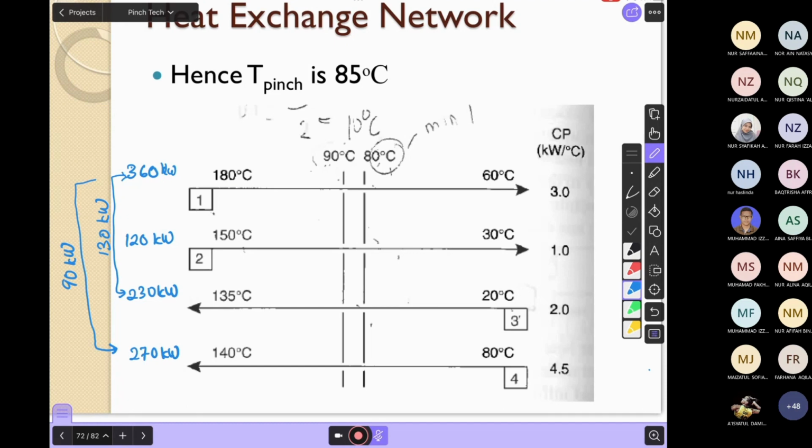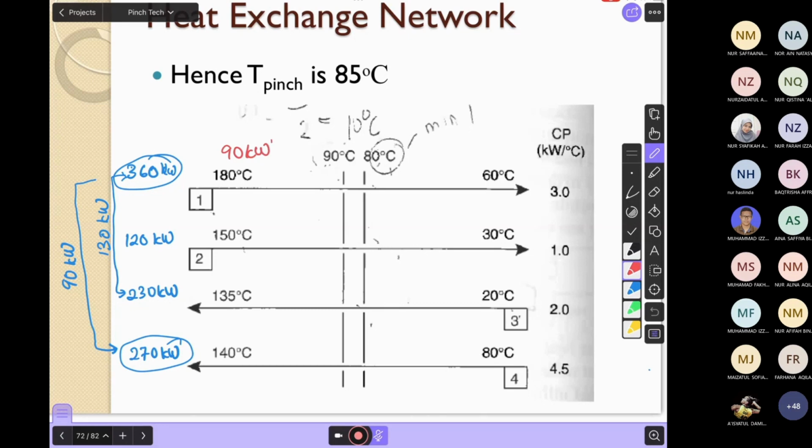Do you need to have heater here for stream number 4? You don't need. Because the heat energy that you have here is enough to be transferred. But what's left from the hot stream? So you have about 90 kilowatt.